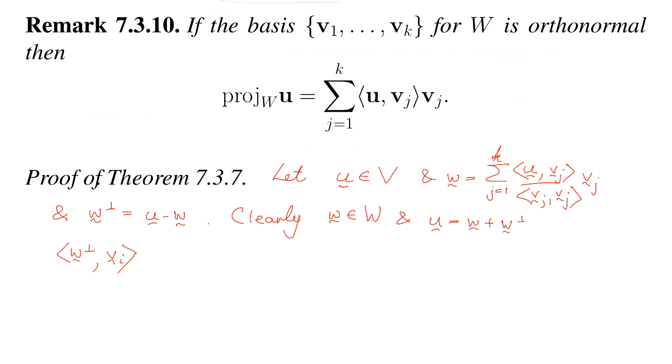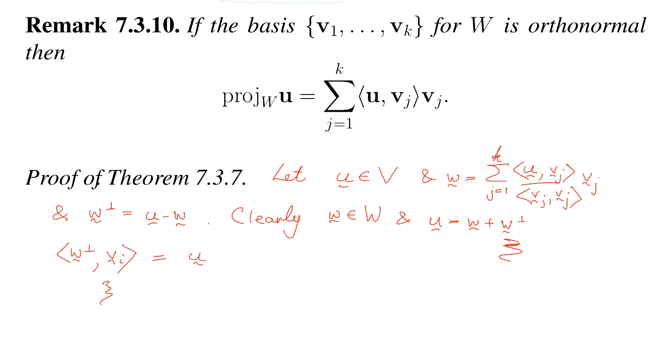Right? So if this vector W perp is orthogonal to all of the Vi's, then it's orthogonal to any linear combination of those Vi's just by linearity. Okay? So it's enough to just consider orthogonality with the basis elements.